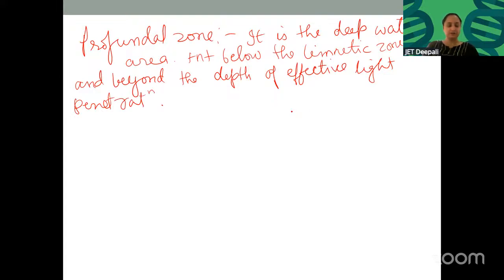Now, what is the other thing? Light is absent. There is no light here. Photosynthetic organisms are also absent, and so the water is poor in oxygen content.